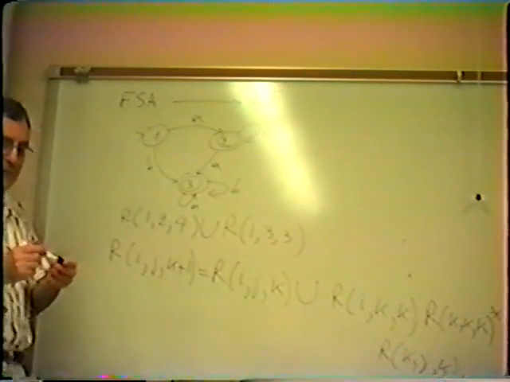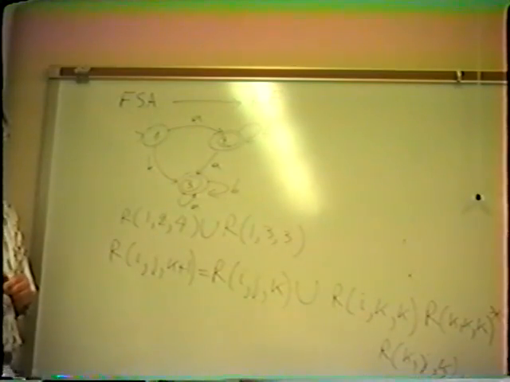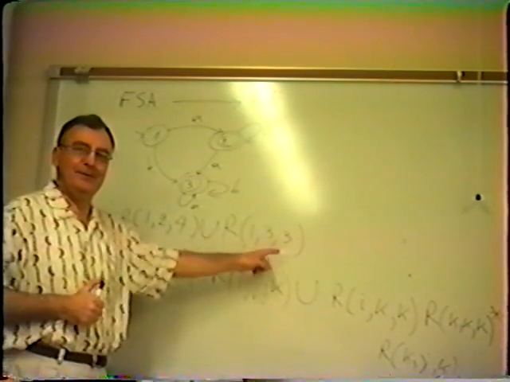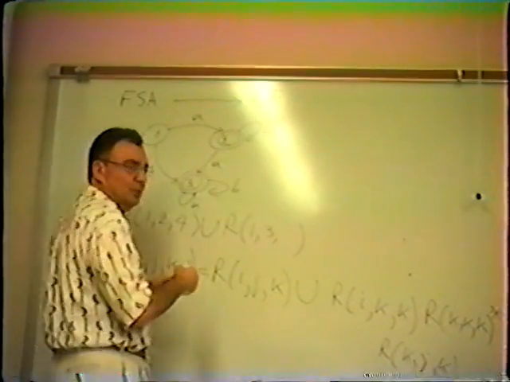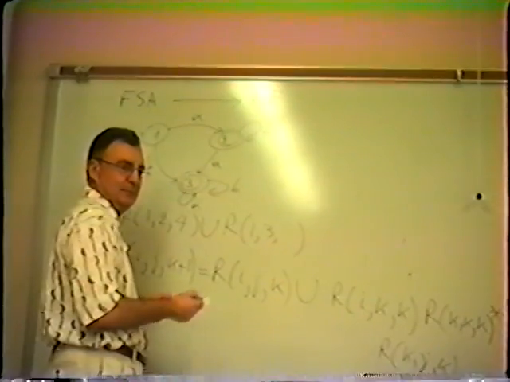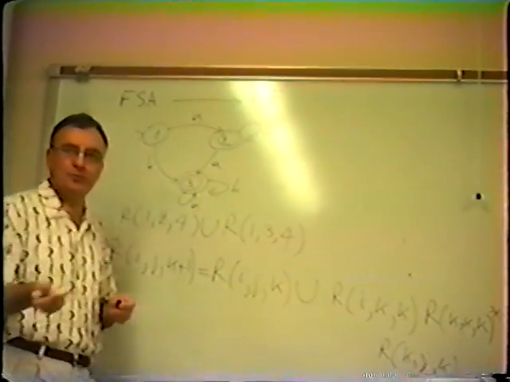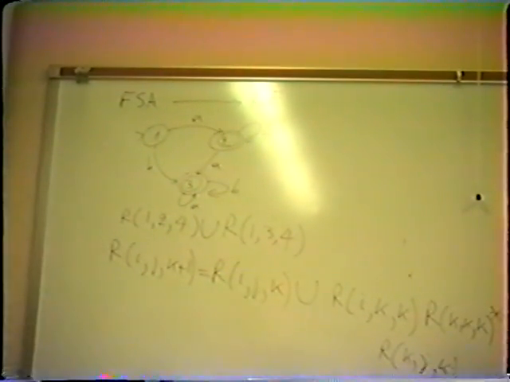This means you cannot cross 3. Why do you put the restriction? 4. Okay. All the strings that will get you to 2, no restriction, together with all the strings that will get you to 3. The language accepted by the automaton is all the strings that will get you to either one of the final states.